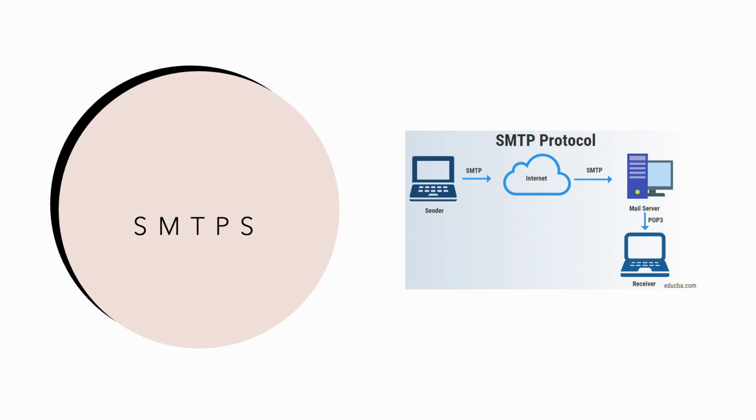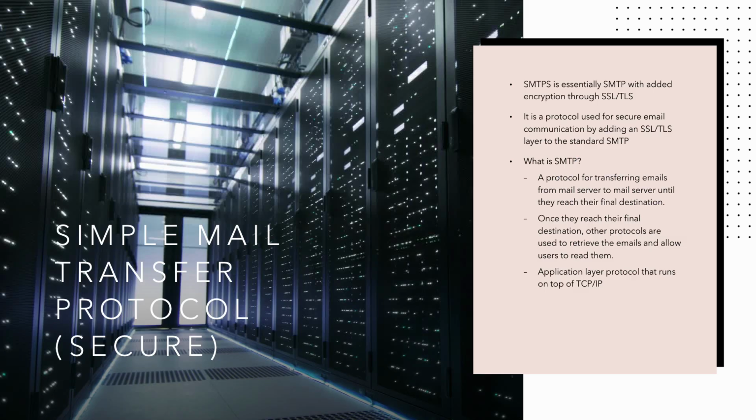SMTPS. The Simple Mail Transfer Protocol Secure. SMTPS is essentially SMTP with added encryption through SSL/TLS. It is a protocol used for secure email communication by adding an SSL/TLS layer to the standard SMTP.